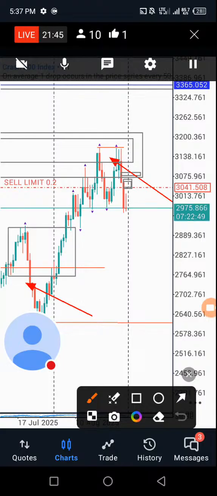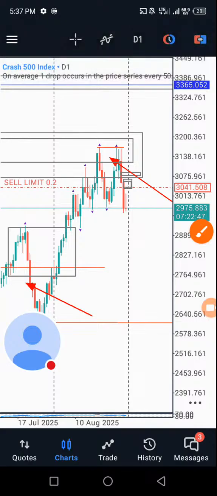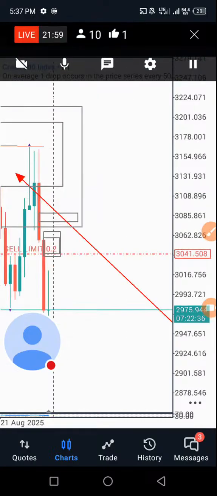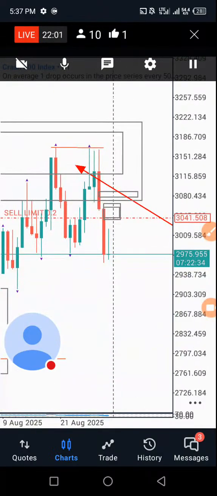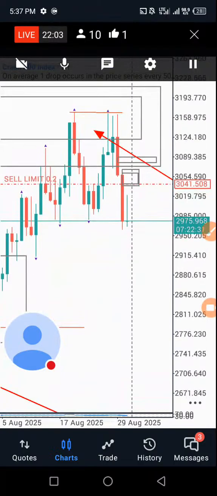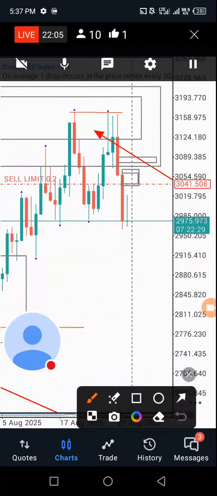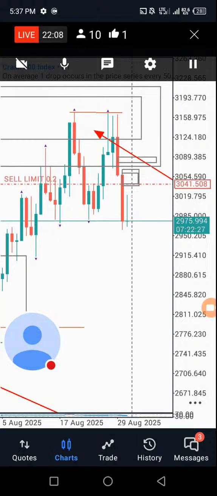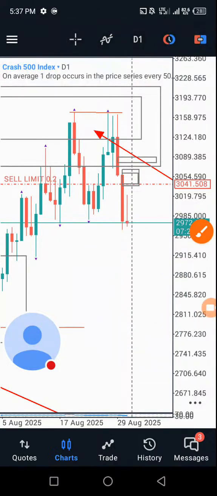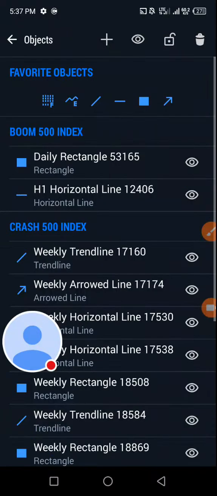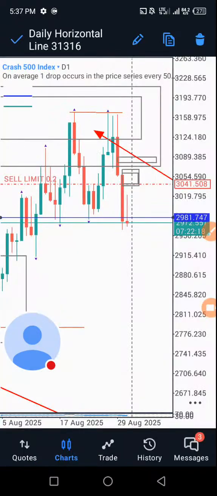And so far, we've not really had a good break to the downside, right? So if we look at this daily time frame now, we cannot really consider this as our break of structure. Remember we said that whenever a candle breaks a low or a high and closes below it, then we can consider it.